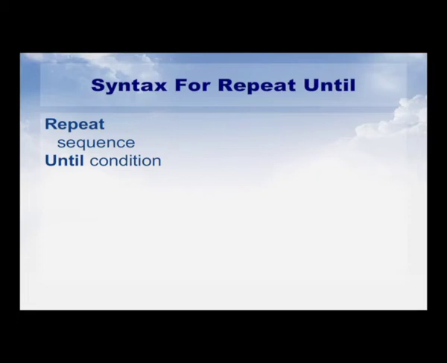Here there is a caution you should exercise: you have to give the while condition and the until condition properly. In while, the loop is executed as long as the condition is true, but in repeat until, it is executed as long as the condition is false, and once the condition becomes true it exits the repeat sequence.